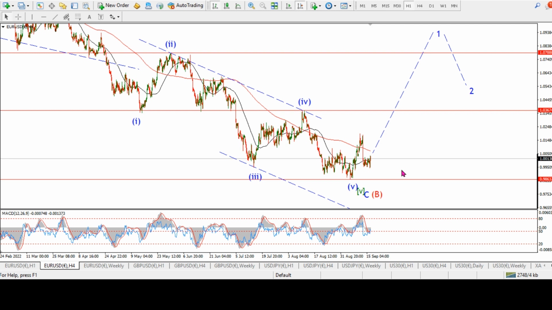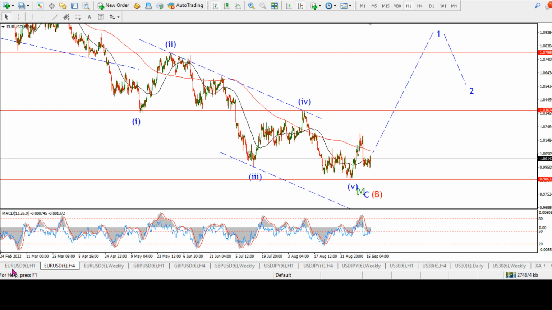The recent low stands at 98.63 or thereabouts, give or take a pip or two. And the rally off that low has been very much impulsive. I cannot tell at this point in time whether it's the reversal pattern that I've been looking for, but so far that's what I'm working with. We'll go to the hourly count and I'll show you.